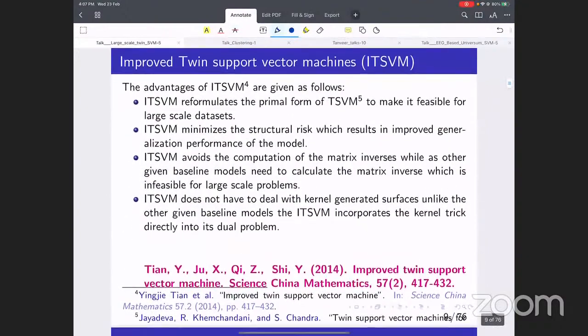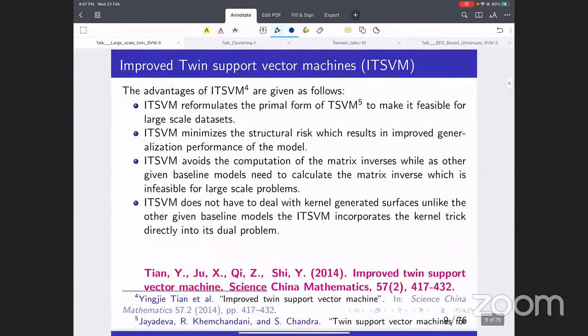So now moving towards the next problem, improved twin SVM. The advantage is this new formulation. It was published in not a very good journal, but the idea is really amazing. IT-SVM, improved twin SVM, reformulates the primal form of twin SVM to make it feasible for large scale data.